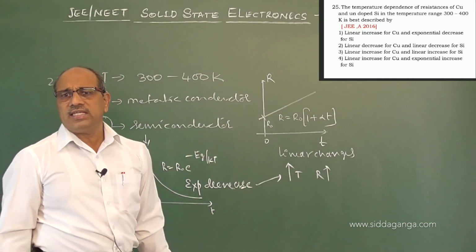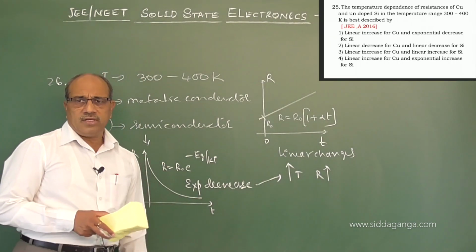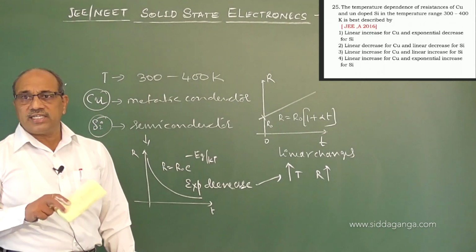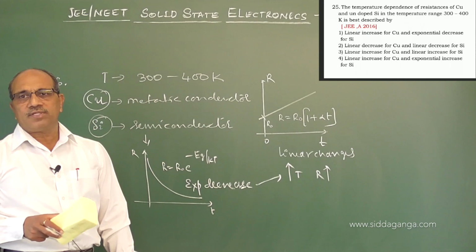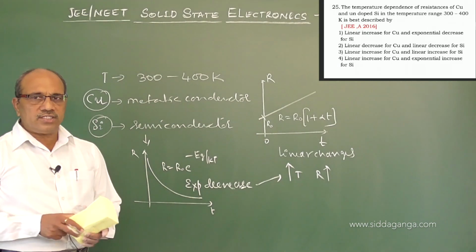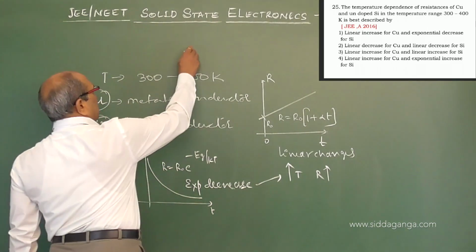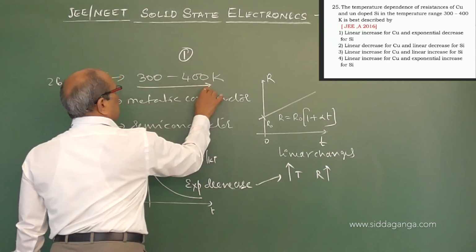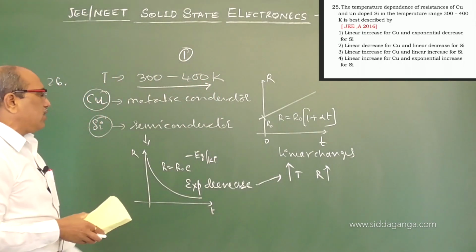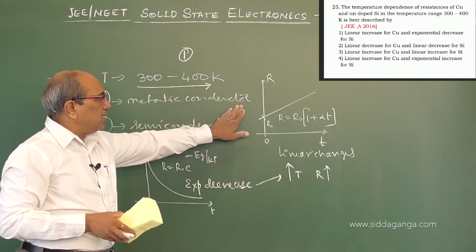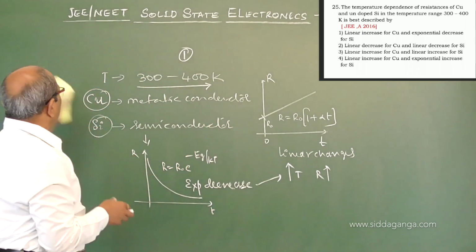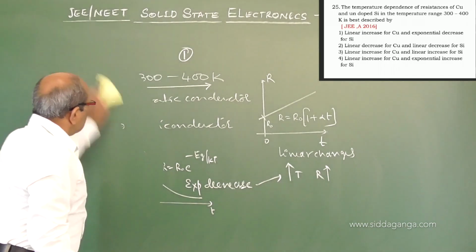Therefore, the option is linear increase in copper and exponential decrease in silicon, which is option number 1, because temperature is increased from 300 to 400 Kelvin. As temperature increases, resistance increases linearly in copper but decreases exponentially in case of silicon.